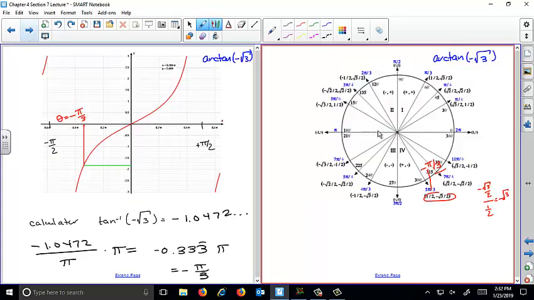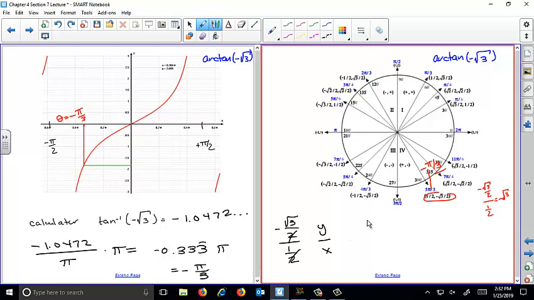And again, if you go to the unit circle, under what circumstances do I get the square root of 3? Well, that's where I'm taking the square root of 3 over 2 divided by a half. So these cancel out. So this is my y coordinate, this is my x coordinate. It's negative, and I know that in this quadrant the y value is negative, so the negative is going to go with the numerator.